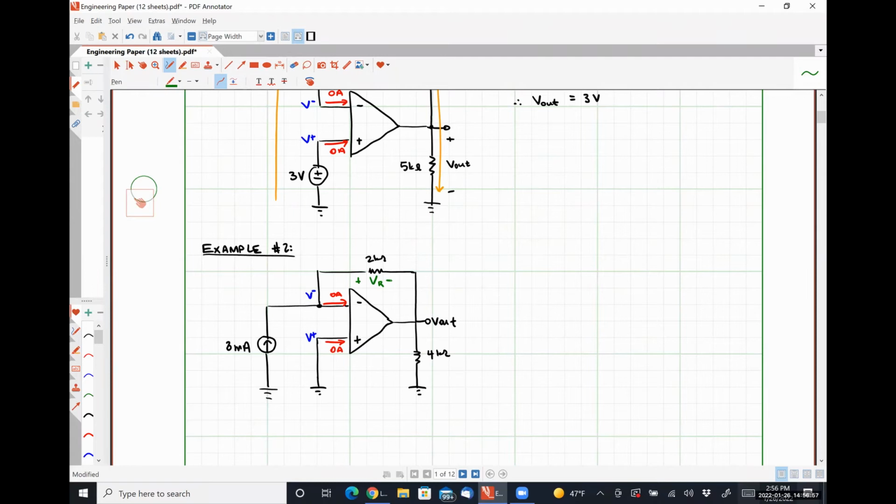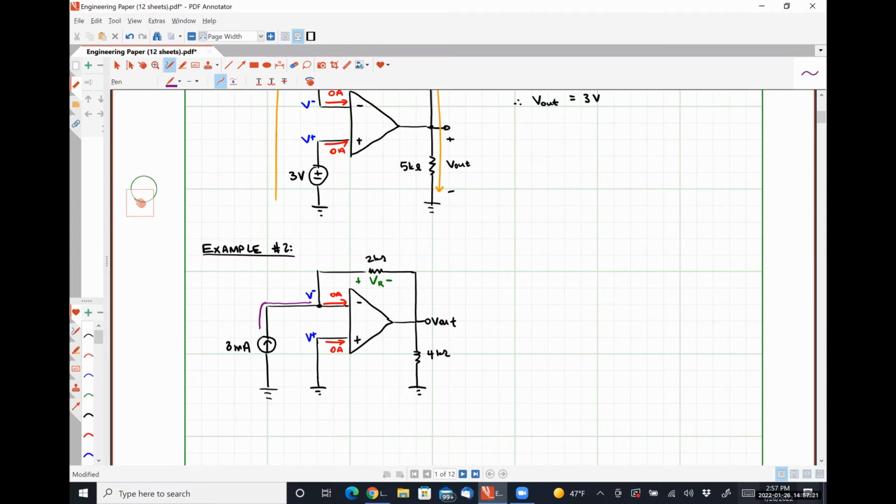Okay. So let's talk about this. We have that 3 milliamp current source on the left-hand side of the circuit, right? So I'm going to draw in purple here that current's path. So it can flow up here, and then it reaches this point.